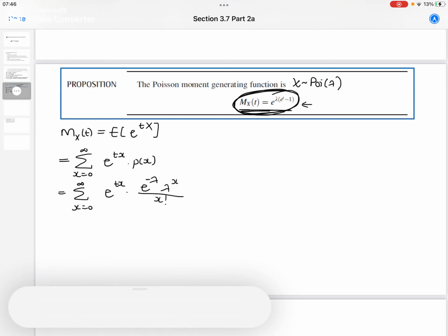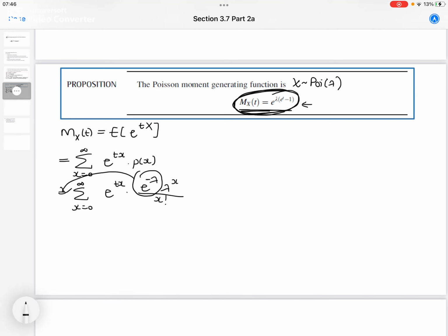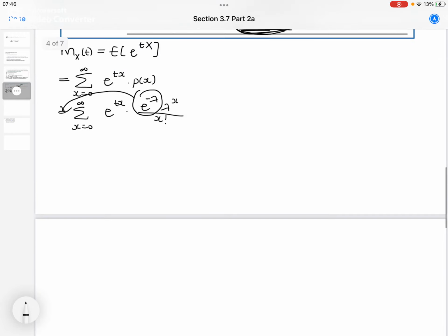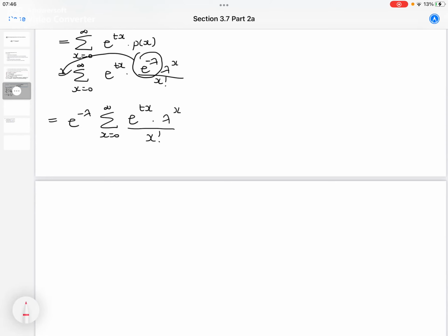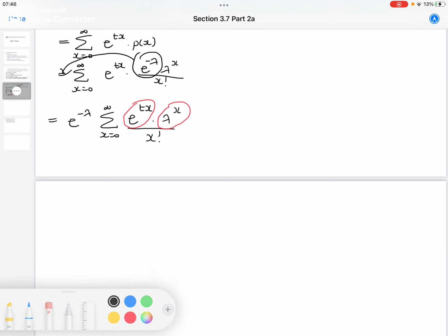Right, so we said that if we have a constant, what do we do then? We will take that constant and put it right in front of the summation sign. And so we have here e to the power minus lambda times the sum of x going from 0 to infinity of e to the power tx times lambda to the power x, all divided by x factorial. Alright, so we see that we have two items here, both to the power x, and so we can group these two items.